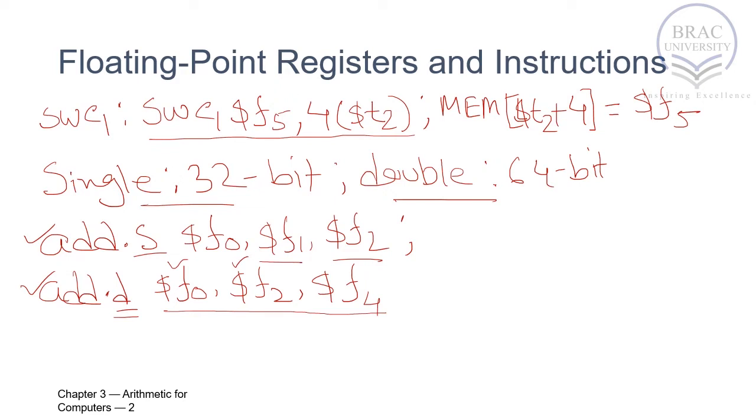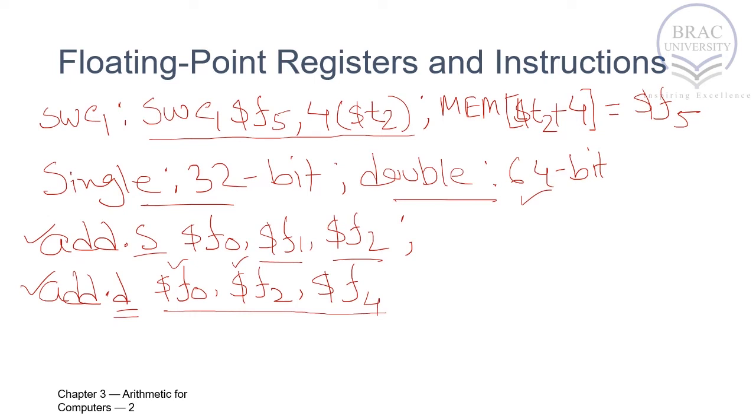See the sequence f2, f4. So when we say double precision, that means we are dealing with 64-bit values. But when we are discussing the registers inside the coprocessor, we have said the registers are all 32-bit. So how can we handle the 64-bit values?